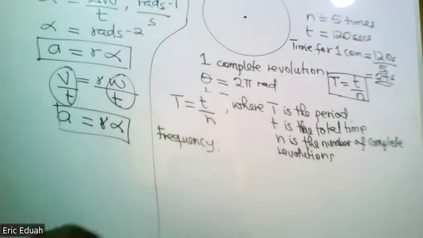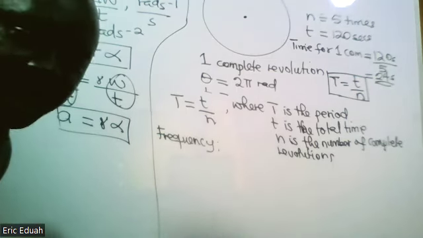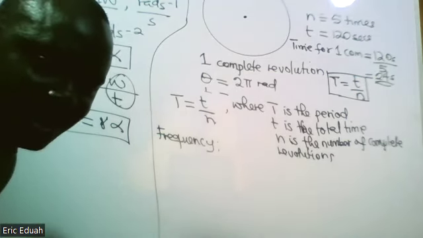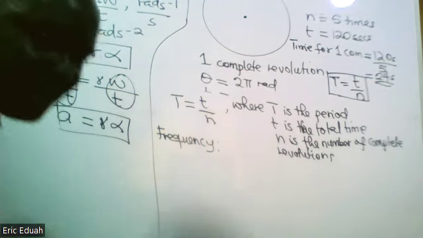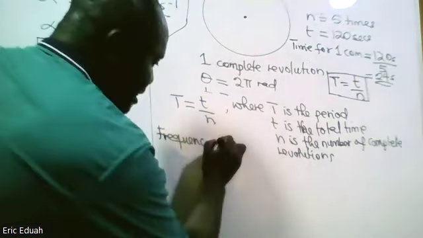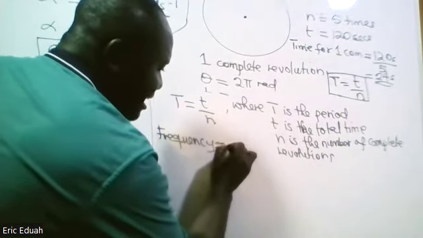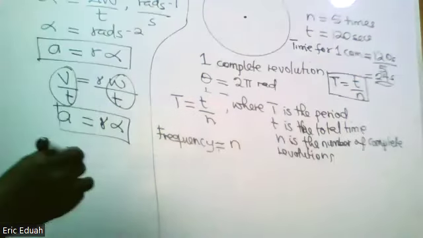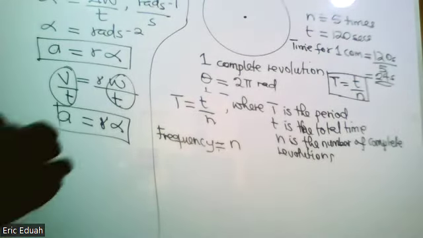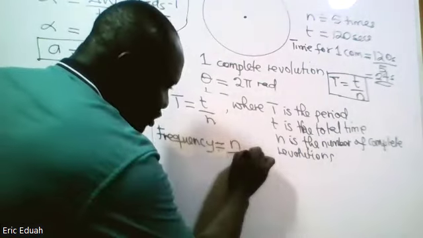Okay, so if we want to calculate how frequent Lizzie is, we have to divide the number of times she went around by the total time.